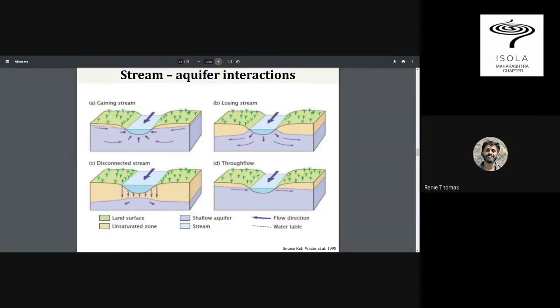And sometimes the stream and the groundwater are not really connected because of the certain aquifer medium. And then there is water moving right across the aquifer and the stream. These areas are very important to identify while understanding how water moves in the landscape, and also for the vegetation growth that we want to recommend. Yeah. So on the next slide.